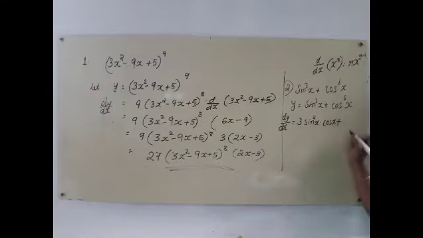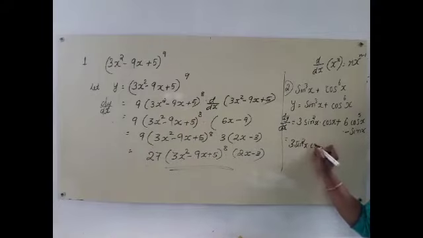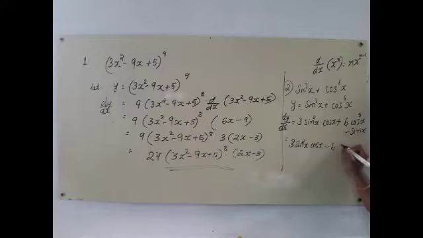Plus cos raised to 6x: derivative is 6 cos raised to 5x into d by dx of cos x, which is minus sin x. So, 3 sin square x cos x minus 6 cos raised to 5x sin x.